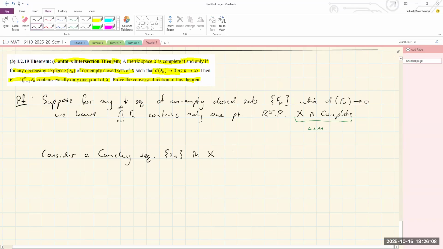So what does that mean? It means for any epsilon, I can find a natural number such that the distance between two points is less than that epsilon, as long as I take those points after this big natural number.